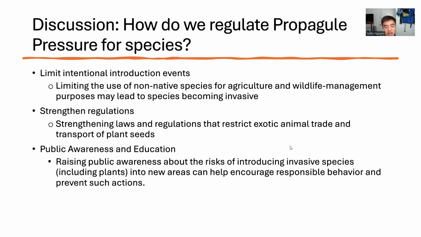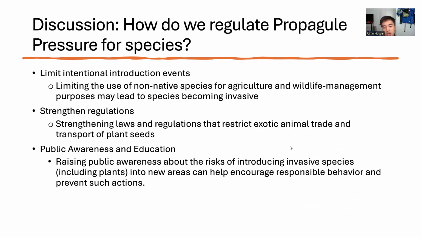So now, given the ecological challenges posed by propagule pressure, how can we possibly mitigate its impact? First, we can limit intentional introduction events. By restricting the use of non-native species for agriculture and wildlife management, we reduce the chances of a species becoming invasive through introduction events that may be intentional or accidental.